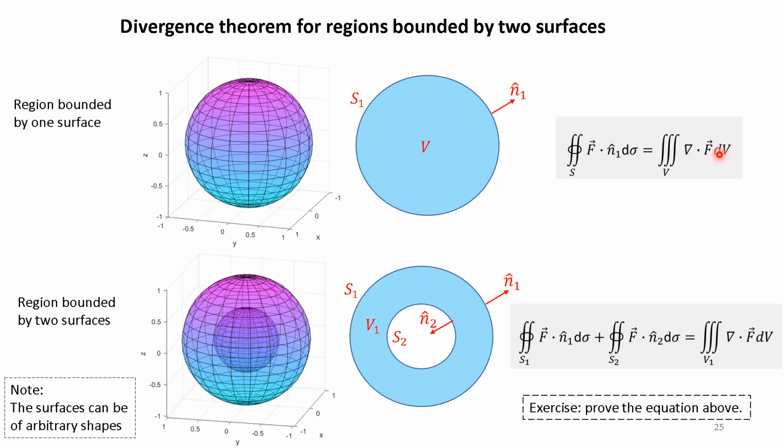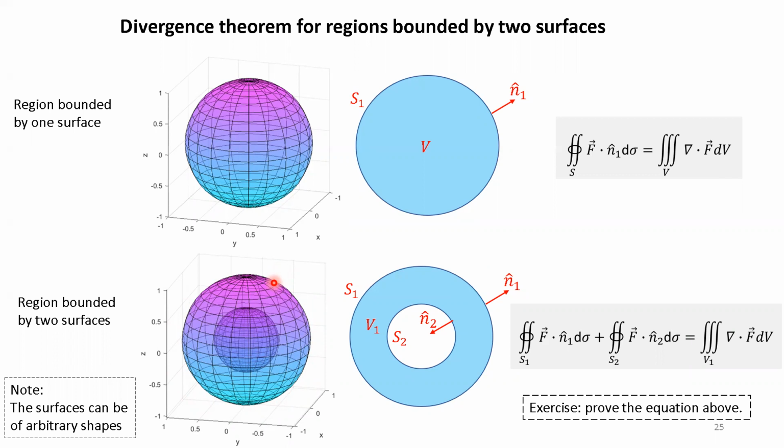Now I'm considering the picture below. I have again a big closed surface, this big sphere, but you can see that inside I have another smaller sphere, which is another closed surface. Of course, these two do not have to be spherical. It's just a big closed surface and then a smaller closed surface.